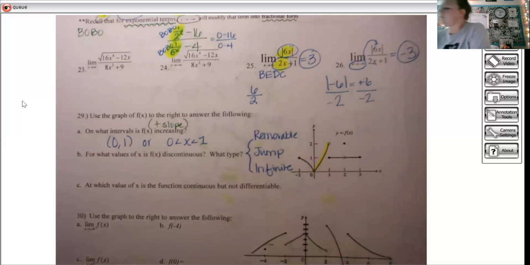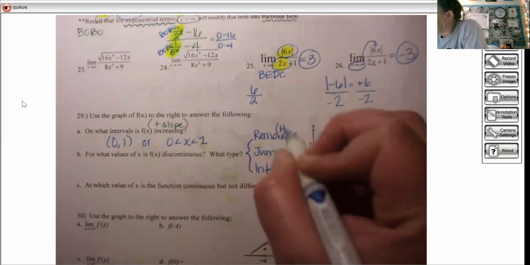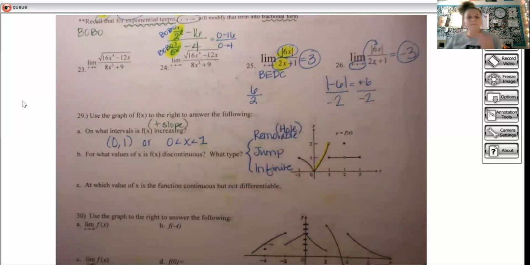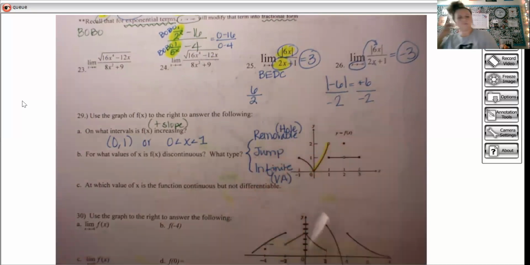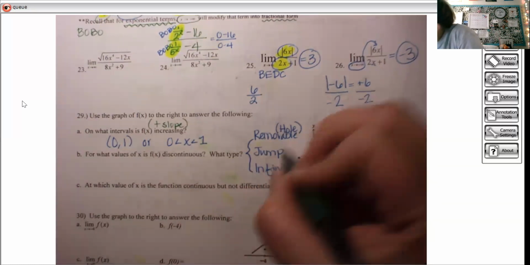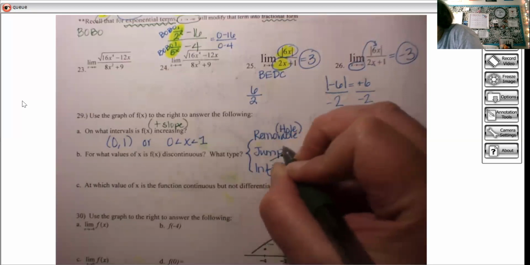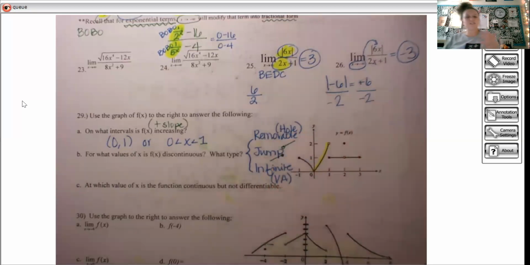A removable is basically a hole. A jump is when you have 2 limits that exist, but they just don't equal each other. And then an infinite is when you have a vertical asymptote. Okay. So I don't really know what to put for jump. I'll put something like this. Okay, where they just kind of like miss each other by a little bit.